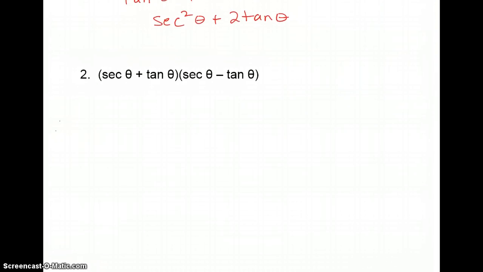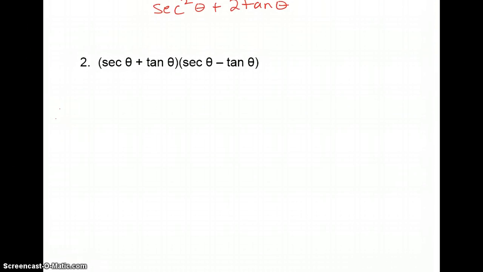Secant of theta plus tangent of theta times secant of theta minus tangent of theta. Well, of course, we're going to multiply the first two things together again, and we're going to get secant squared of theta, and then tangent secant, and then negative tangent secant. So those will cancel each other out.